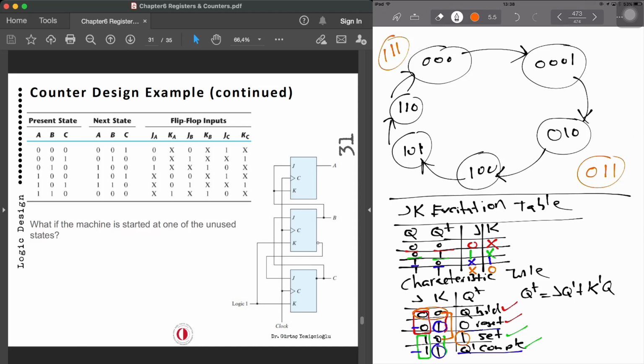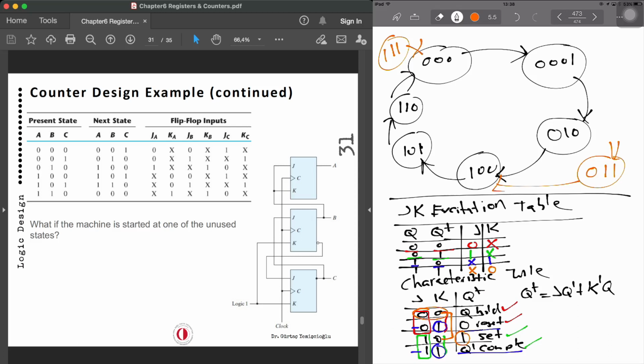Then it will go to the next closest value. So 0, 1, 1 will actually jump automatically to 1, 0, 0, and 1, 1, 1 will jump actually to 0, 0, 0. Okay, so next upper closest position they jump to. And this is how we can use a counter design.